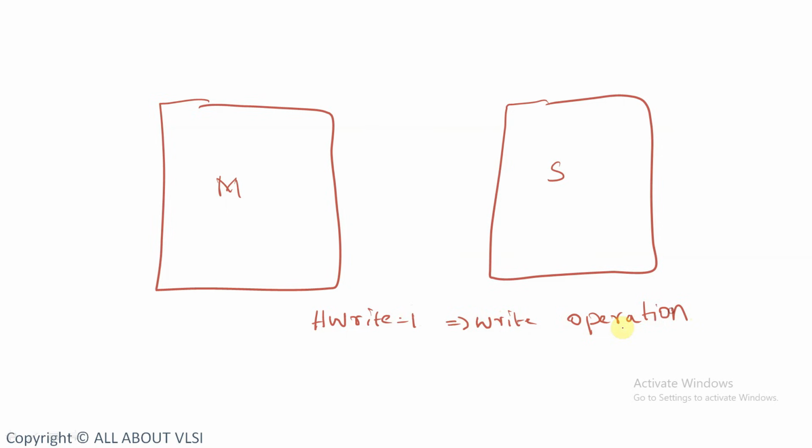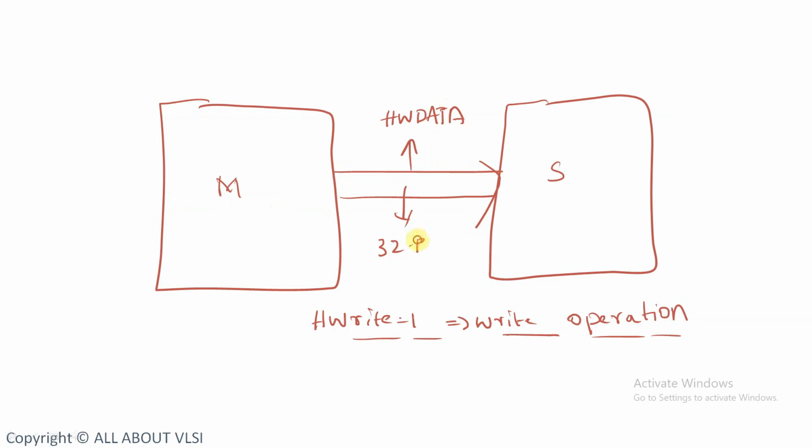And how is the master going to send the data to the slave? So it is going to use a bus, or a signal which is known as HW data. So using this signal, it is going to send the data to the slave. Okay, and the width of this is 32 bits. So the master can send 32 bits of data.